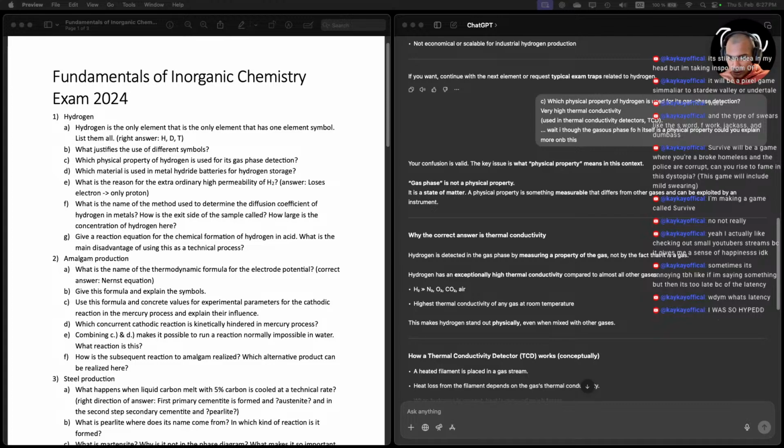Still an idea in my head, but I'm taking info from OFF. Oh, OFF. Okay, that's similar to this type of game. Not gonna lie, OFF looks pretty. Looks like a really cool indie game.